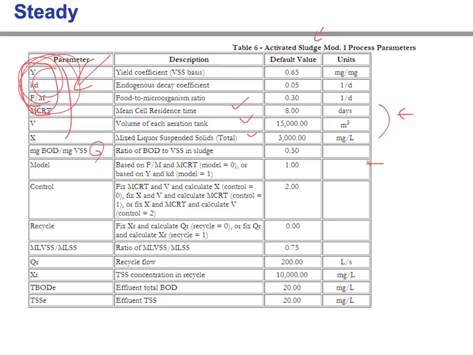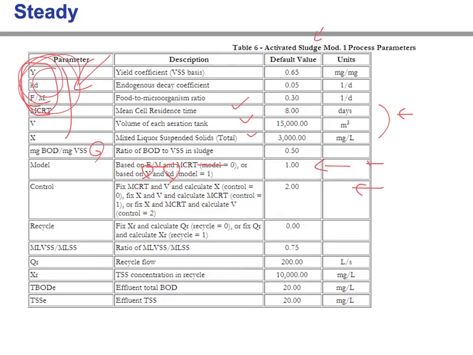There are two ways that we can design the process. The first way is to design based on the F/M ratio and MCRT, and the second way is to design based on yield and KD. Then there is the control number.